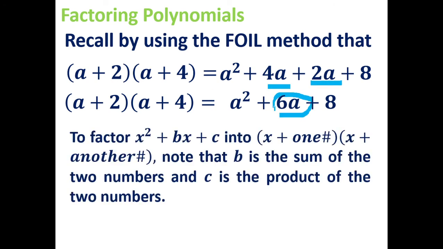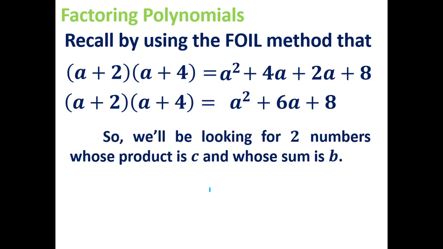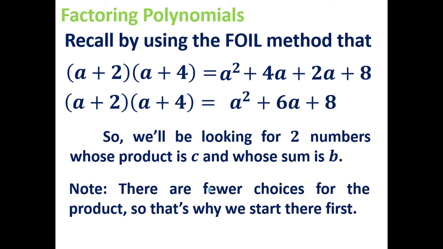Yan. So, to factor x squared plus bx plus c into x plus a number times x plus a number. Note that b is the sum of the two numbers and c is the product of the two numbers. So we'll be looking for two numbers whose product is c and whose sum is b.